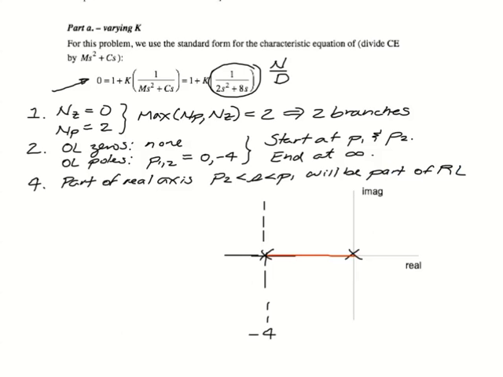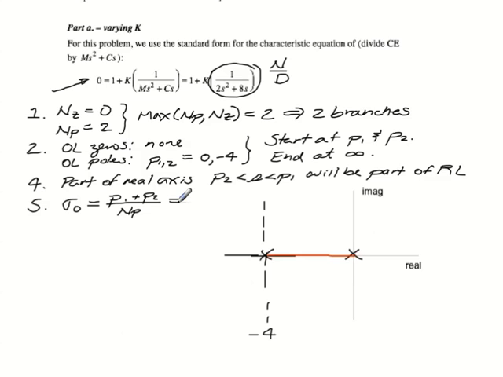Okay, rule number 5. Rule number 5 tells us that our asymptotes for a root locus, as in this case k goes to infinity, is going to be intersecting the real axis at the sum of P1 plus P2, there are no zeros, divided by the number of poles.